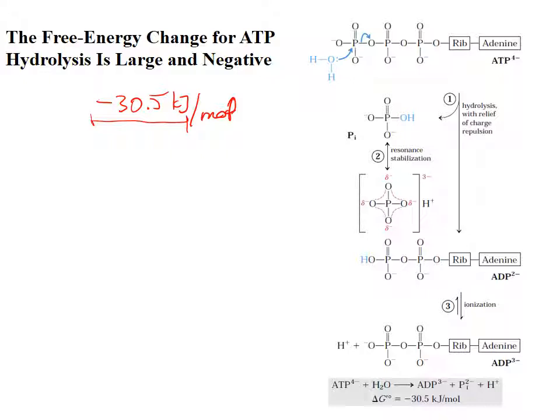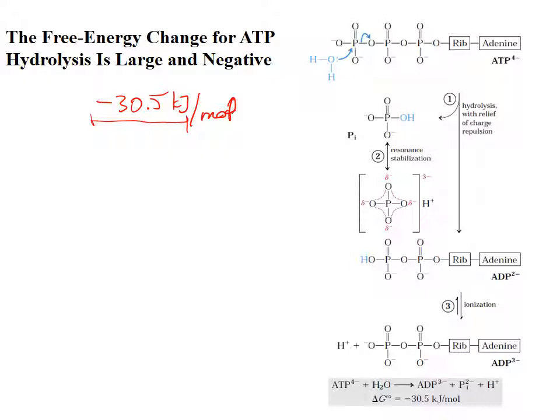But in a biological system, the conditions are not standard, and the actual free energy of hydrolysis of ATP in living systems varies significantly. So why? One of the reasons is that the concentrations of ADP, ATP, and phosphate are not identical. And the concentration of all of these is less than 1 molar, which is defined as a standard condition.